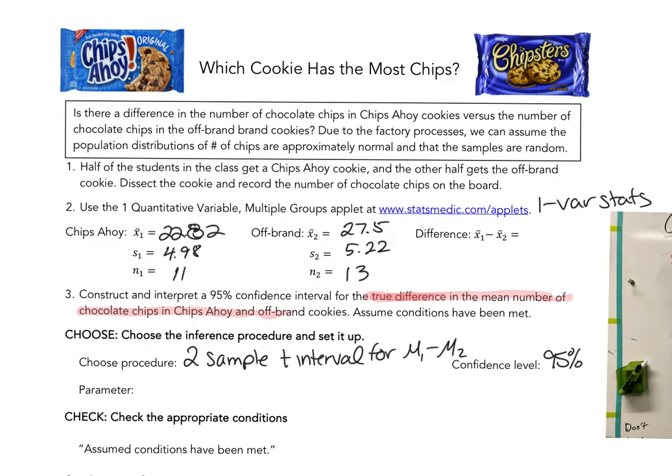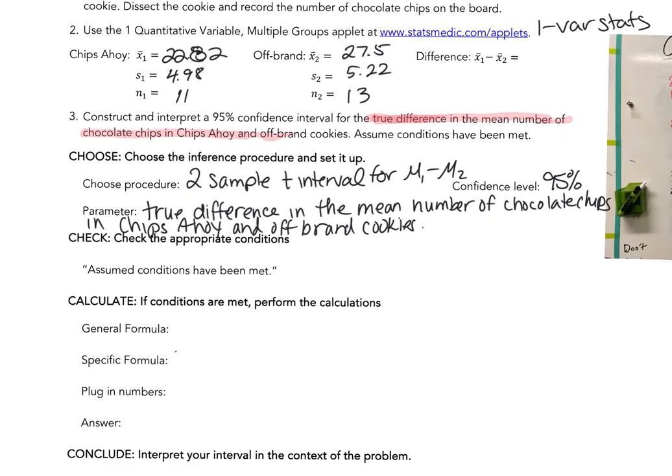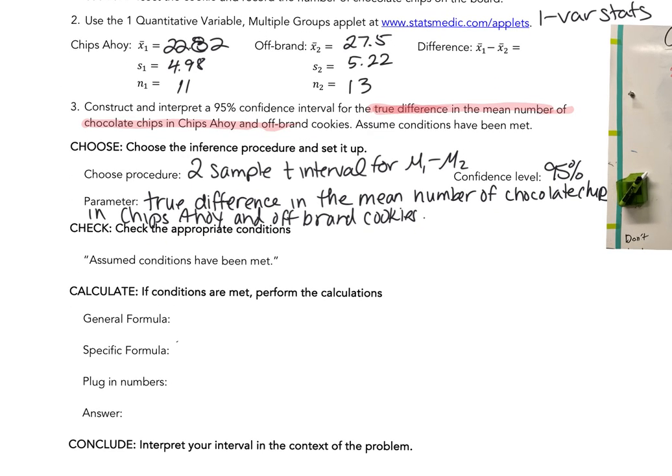And my parameter is the true difference, exactly what I highlighted here, in the mean number of chocolate chips in Chips Ahoy and off-brand cookies. So that's our choose step. It's a two-sample t-interval for mu1 minus mu2.